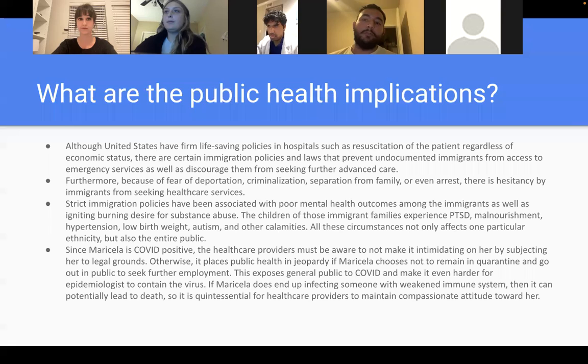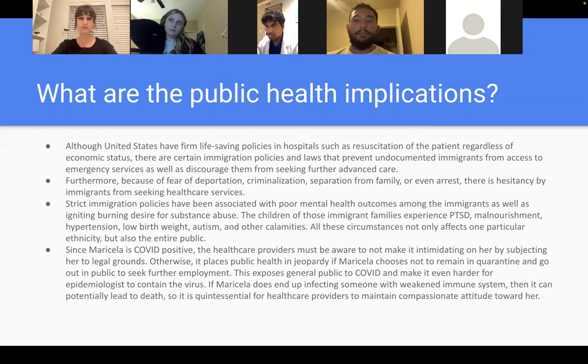Furthermore, undocumented immigrants will be less likely to seek further advanced care because of fear of deportation, criminalization, separation from the family, or even arrest. Because of that, there is hesitancy on their part in seeking additional healthcare services.